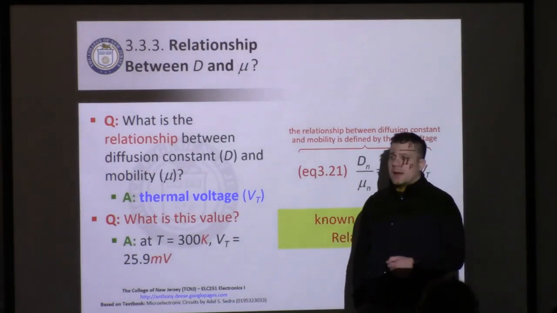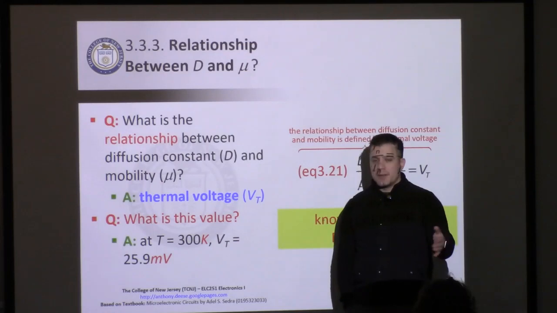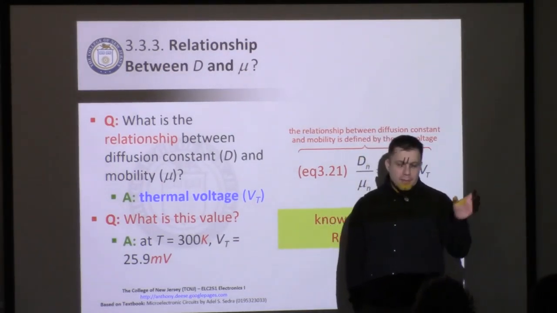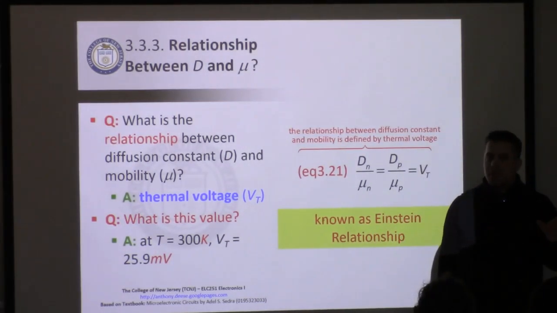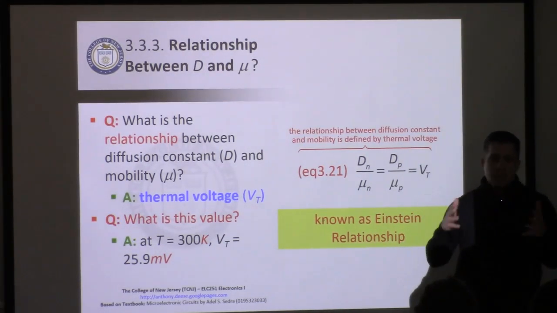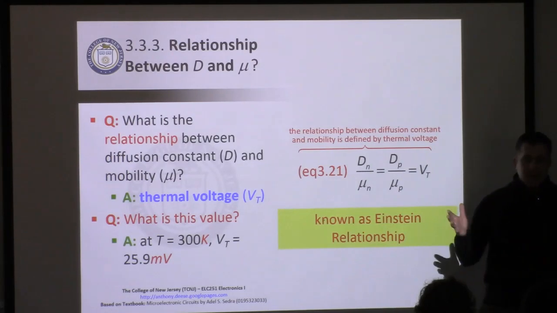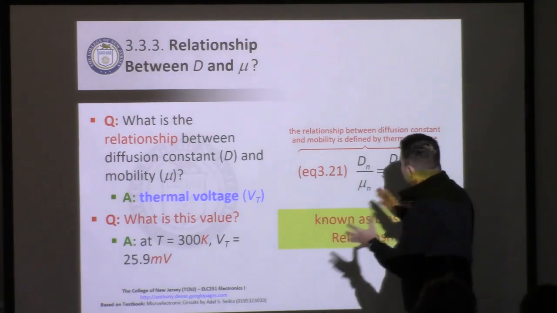They both describe how hard it is for diffusion to make something move, or for an electric field to make something move. But in the end, the difficulty associated with moving them, they're both dependent on common parameters and characteristics. We're not going to get into all those details, but it makes sense that they would be proportional or related to one another. And so that's shown here.